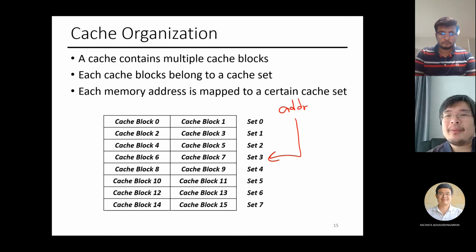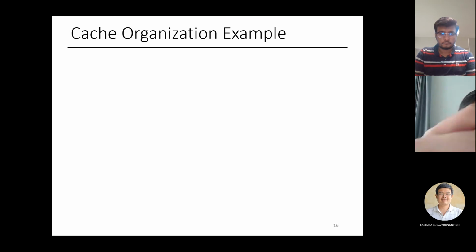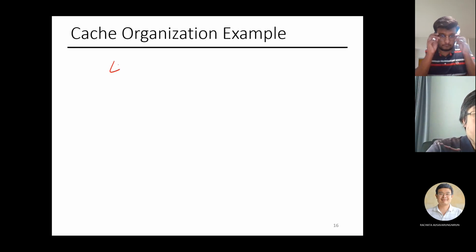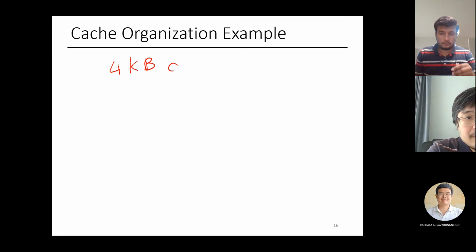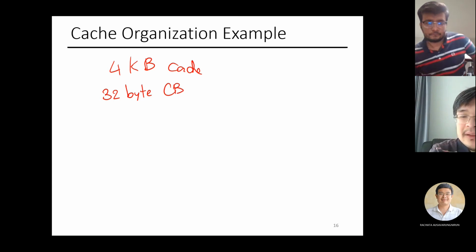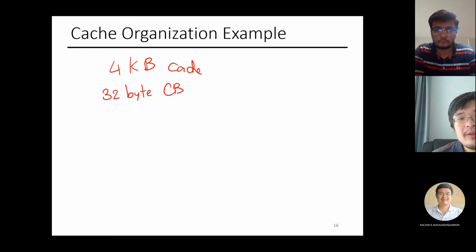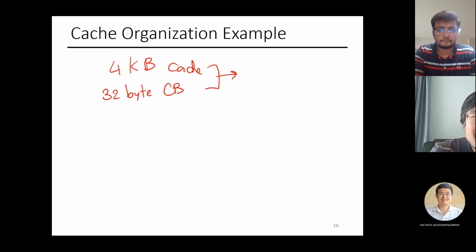So with this, let me go through some examples. Let's say I have a 4 kilobyte cache, and the cache block size is 32 bytes. How many blocks are in this cache? The way I do this is as simple as division. 4 kilobytes divided by 32. 4 multiplied by 1024 divided by 32.